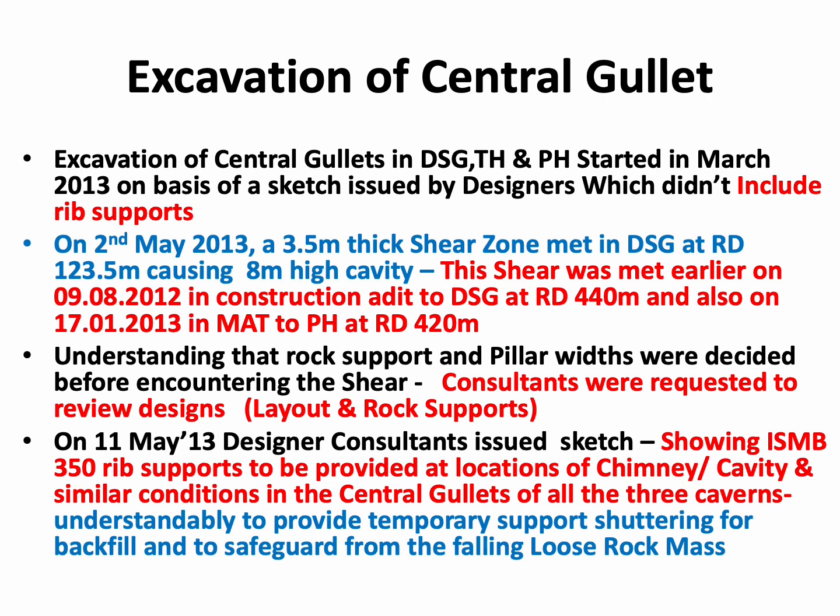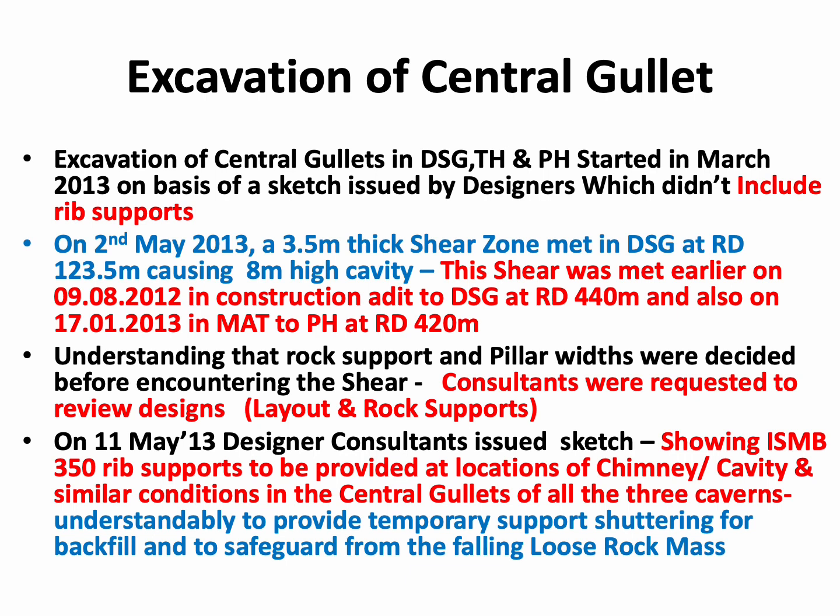On 11th May 2013, designer consultants, that is CWC, issued a sketch showing ISMB 350 rib supports to be provided at locations of chimney, oblique cavity, and similar conditions in the central gullets of all three caverns. Understandably, to provide temporary support like shuttering for backfill and to safeguard from falling loose rock mass.